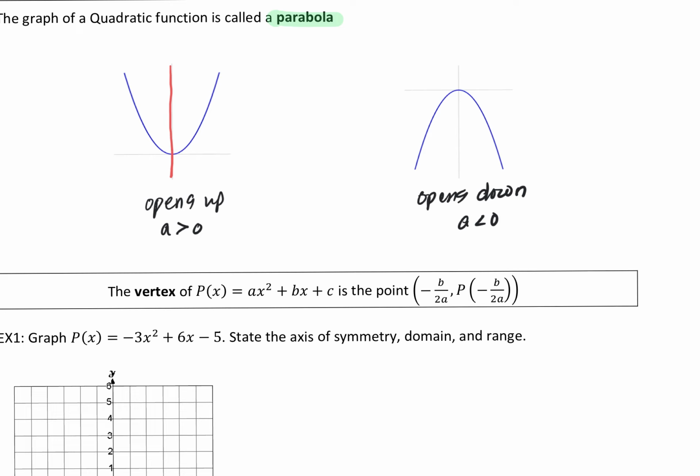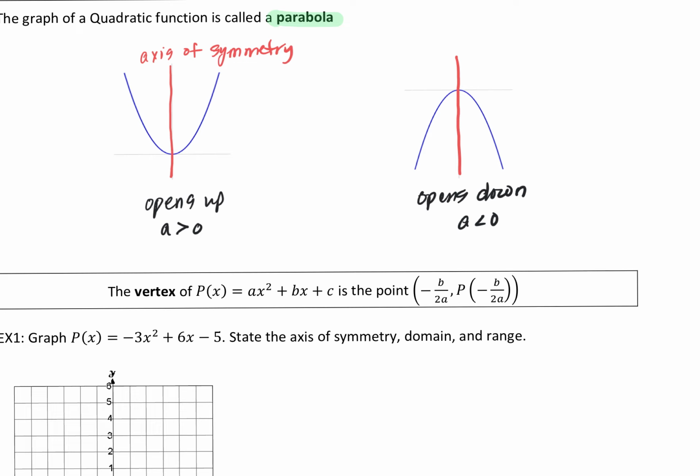And it is a line, so it has the equation x equal to some number. So again, this would be our axis of symmetry. And again, if it opens down, it has an axis of symmetry as well, cutting it in half into two pieces.